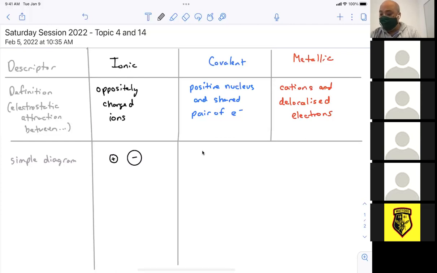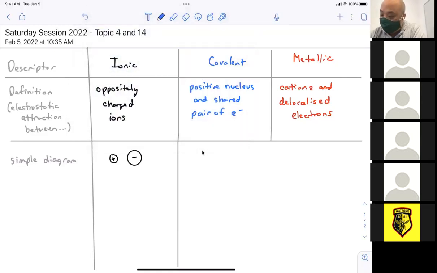Generally, cations are smaller than their atomic radius, so that's why I drew it smaller. And generally, negative ions are larger than their atomic radius, so I drew that bigger. It's not really important, but it's something subliminal that I implement in my drawings.